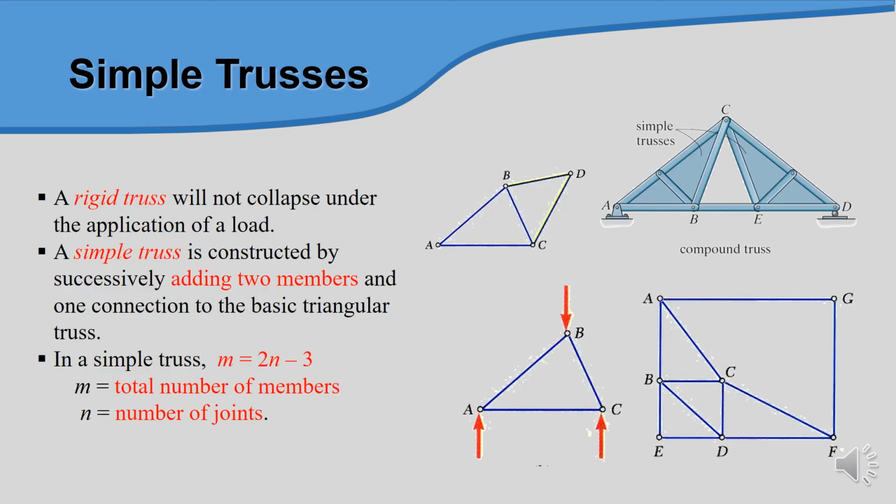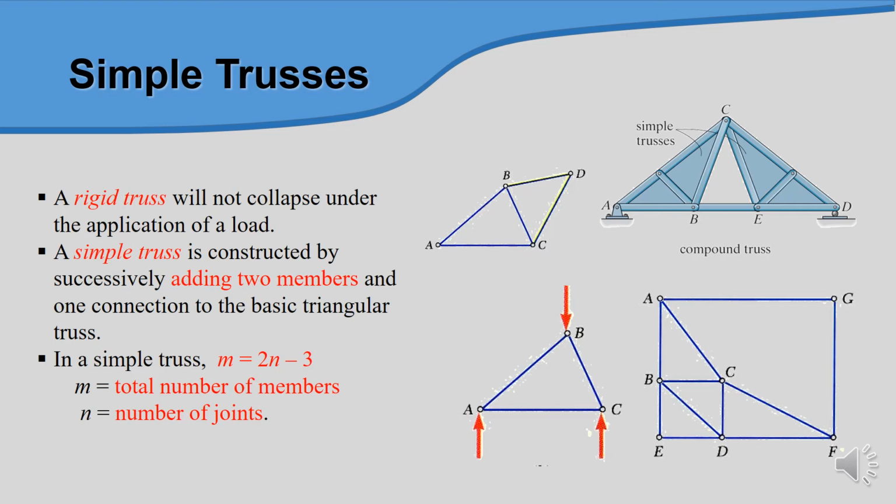Now we go to the simple trusses, which is a rigid truss that will not collapse under the application of load. A simple truss is connected by successively adding two members and one connection to the basic triangle truss. So we have a basic triangle with three force members.